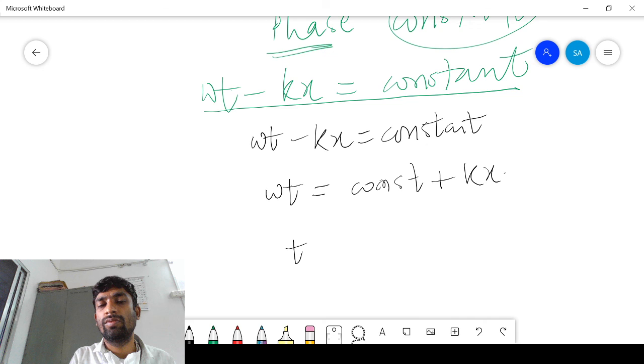If you solve this equation by differentiating it with respect to time, dx by dt, you will get the equation of phase velocity, omega divided by k. How will you get this equation? Here, if you differentiate this equation, omega t is a constant plus kx.